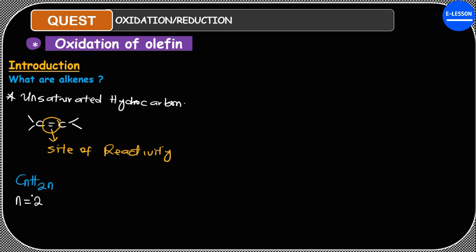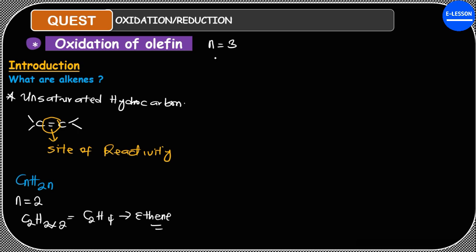So when n is equal to 2, you have C2H2 times 2, and this will give us C2H4. And this is the alkene that is called ethene. And then the process continues for n equals 3.